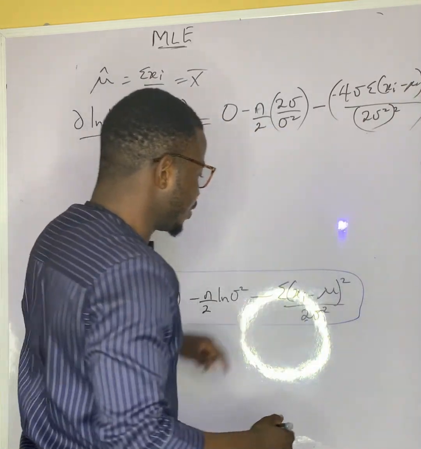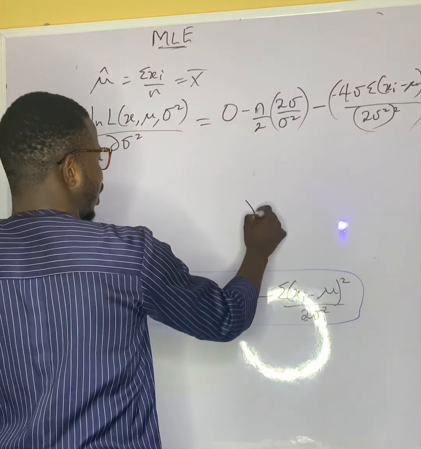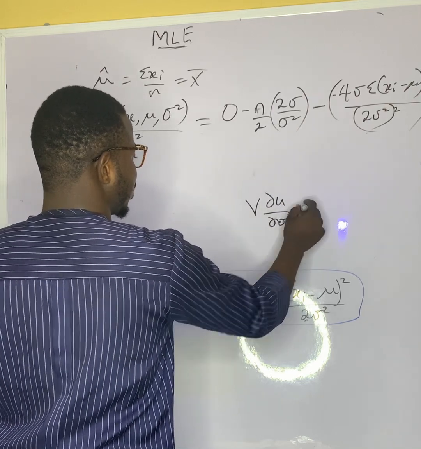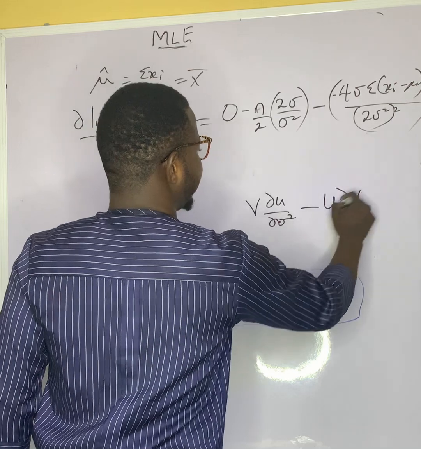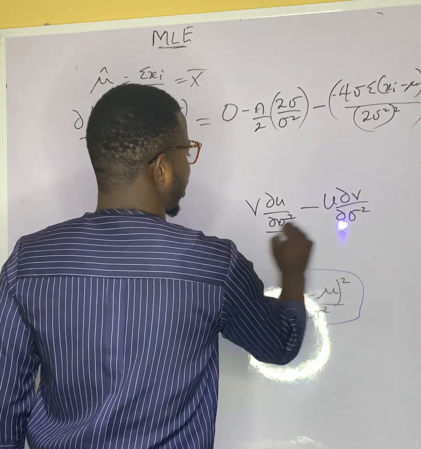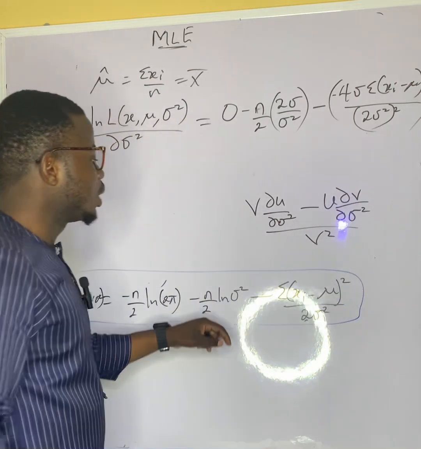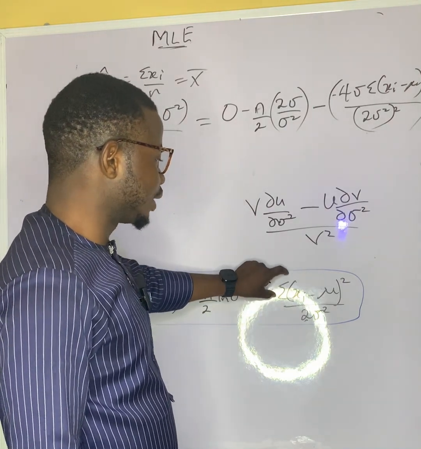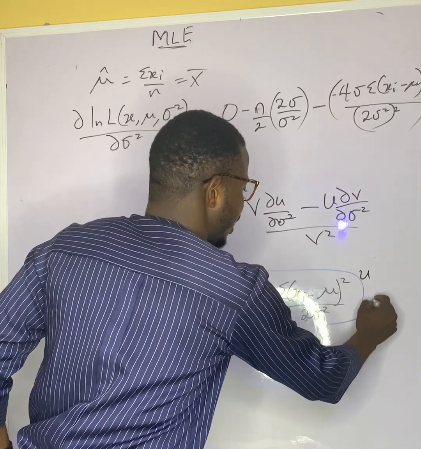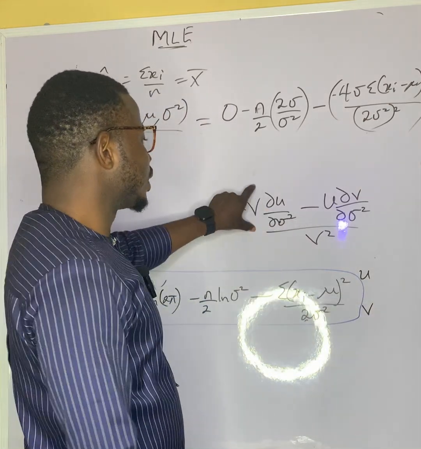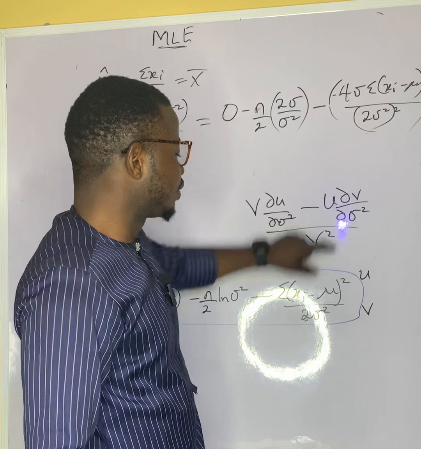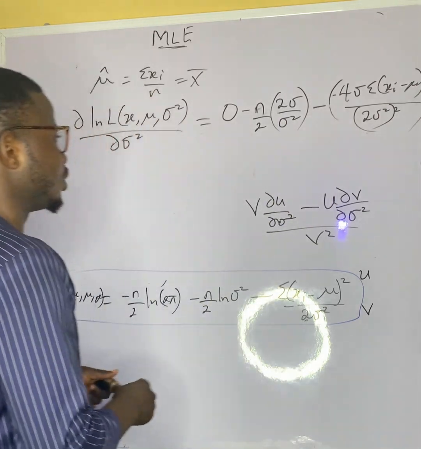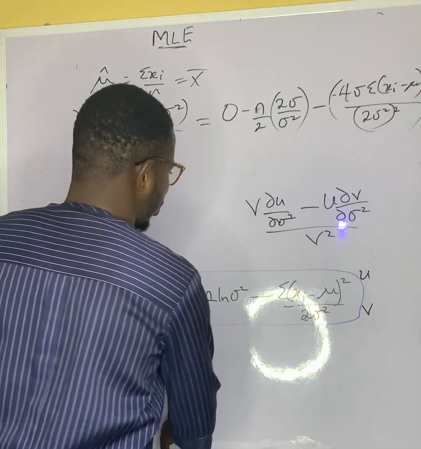The formula we are going to use to differentiate that is v partial u partial sigma square, since we are differentiating with respect to sigma square, minus u partial v partial sigma square, everything over v square. When you have two functions dividing each other, the numerator is our u, while the one at the bottom is v. Using this formula, after differentiating we obtain minus 4 sigma summation xi minus mu all squared over 2 sigma square all squared.